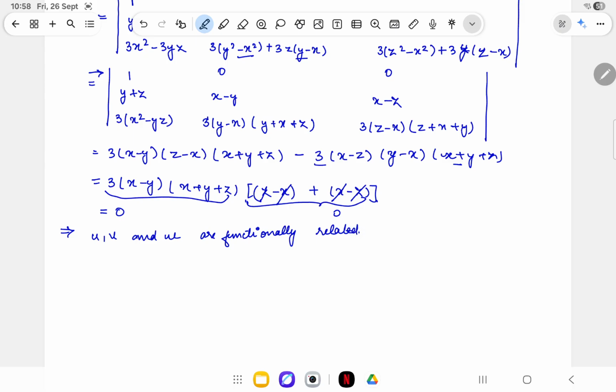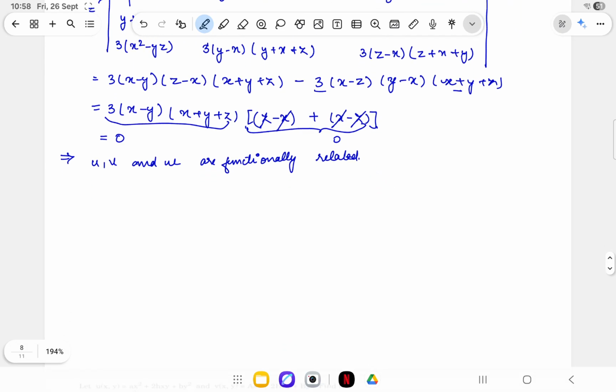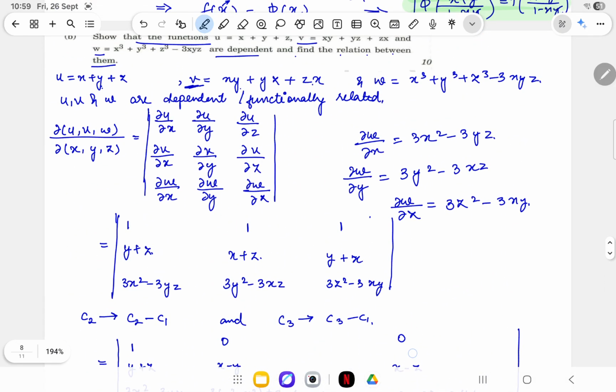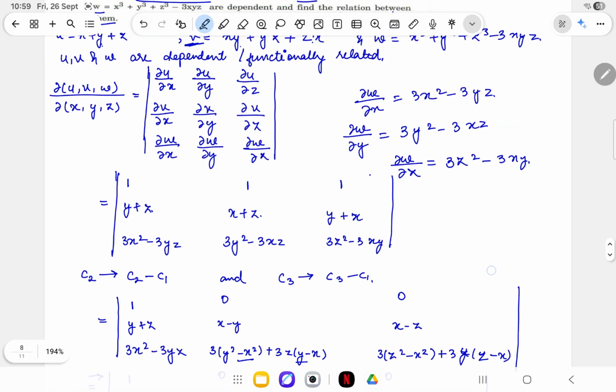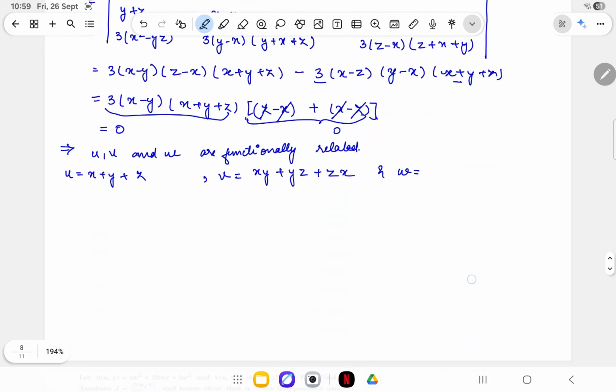Now we are supposed to find the relation that is there. So my u is x plus y plus z, my v is xy plus yz plus zx, and w is x cube plus y cube plus z cube minus 3xyz.